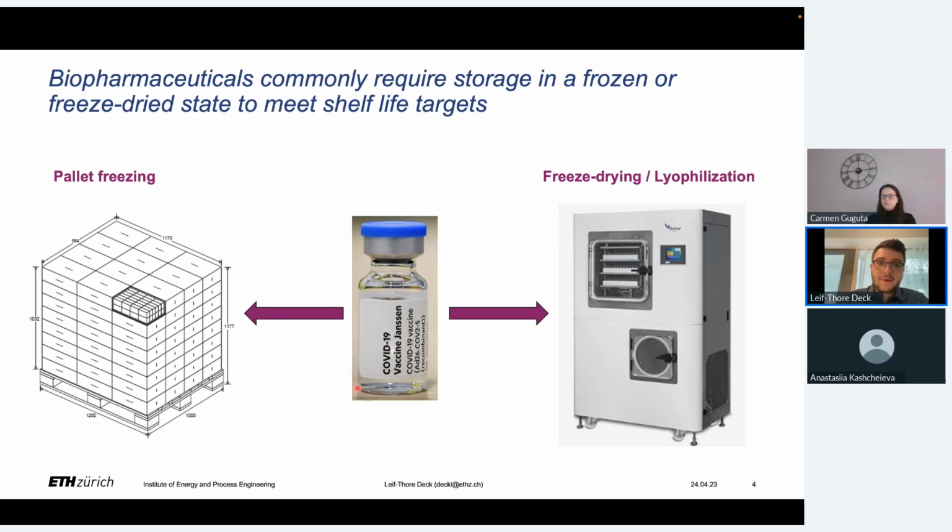And the way this is done, because you have a large number of these small vials, is you may pack them into pallets where you have tens of thousands of vials and you put them then into a big cold storage room, or you put them into a freeze drying device where you will first have freezing and then drying at vacuum, whereby the drying at vacuum basically removes all the ice that you formed during freezing via sublimation. And both of these processes are commonly used. I will focus today on the pallet freezing process on the left, because this is also what was actually done for the COVID-19 vaccine of Janssen.